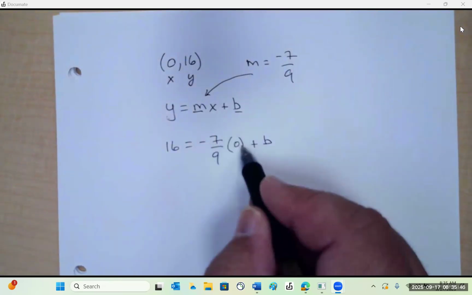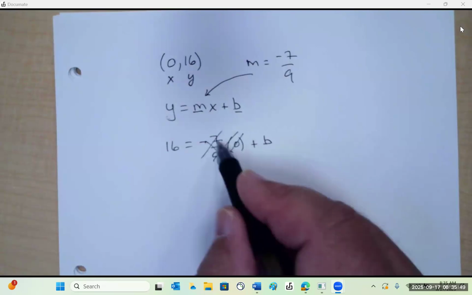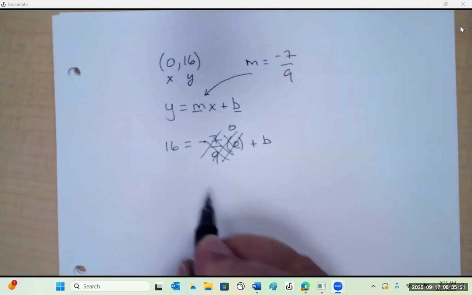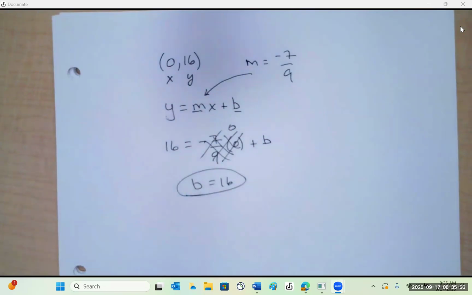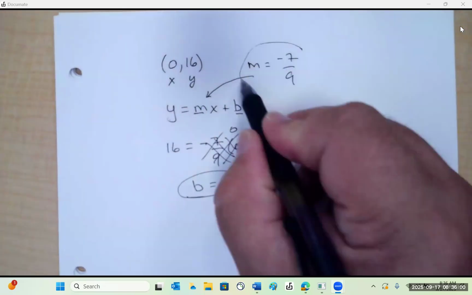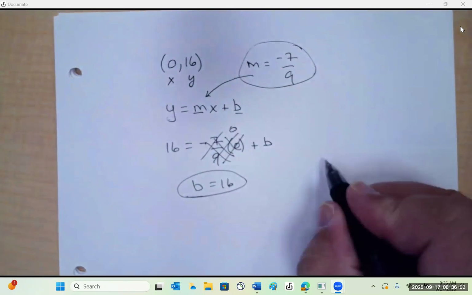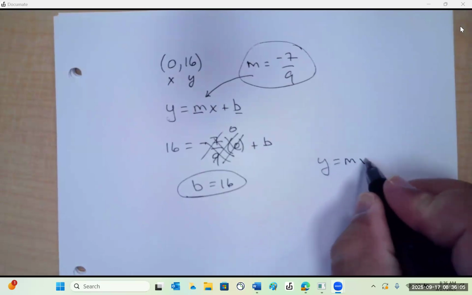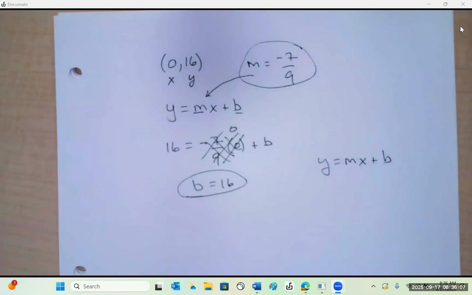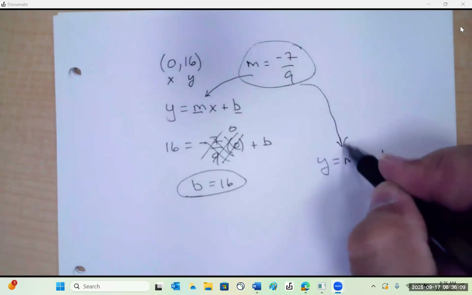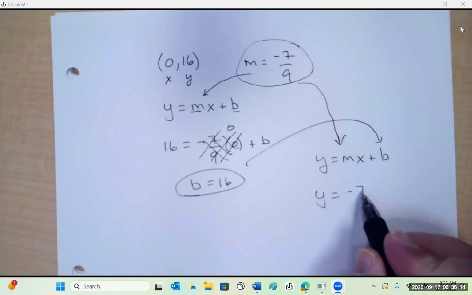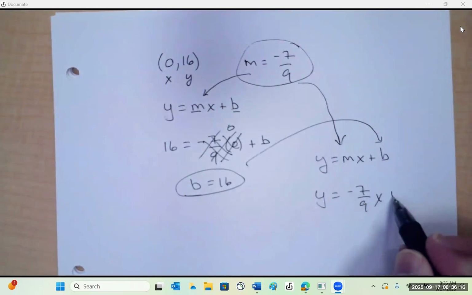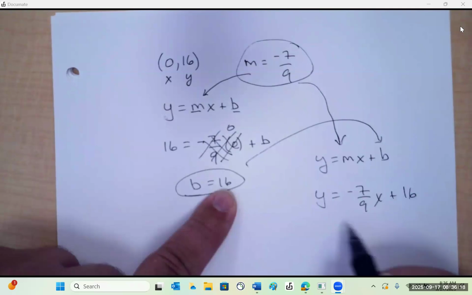Negative 7 over 9 times 0 is 0. So we have b equals 16 and m equals negative 7 over 9. Now we can plug it in there. So our equation is negative 7 over 9x plus 16.